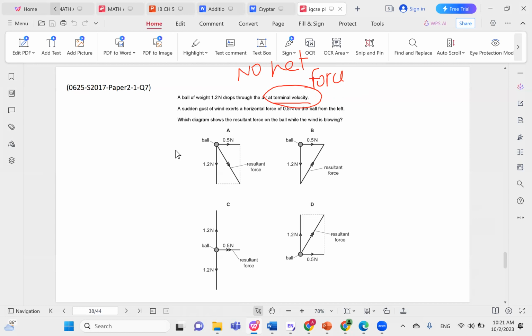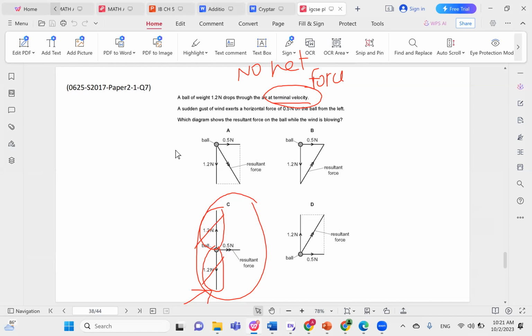And the only choice that satisfies this condition is choice C, because the upwards force equals the downwards force. So they cancel out in a sense. So before introducing the gust of wind, the 0.5 newtons, I have to have had zero net force. And therefore, choice C is the correct choice, because all of the others have the 0.5 and another acting force.